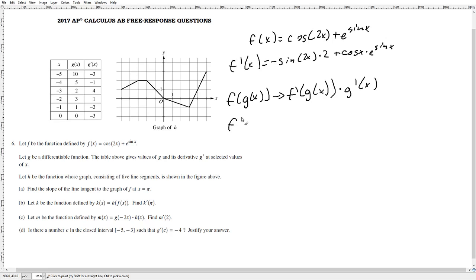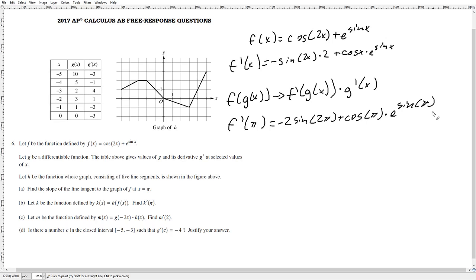So we'll rewrite it: f prime of pi equals, and I'm going to move this 2 in front of the sine to make things look simpler: negative 2 sine 2 pi plus cosine of pi times e to the sine of pi.